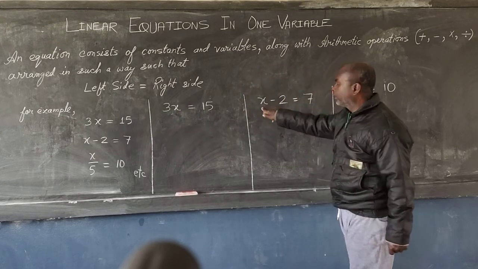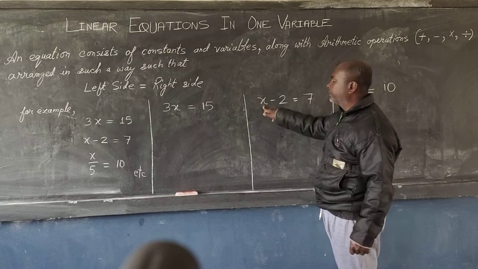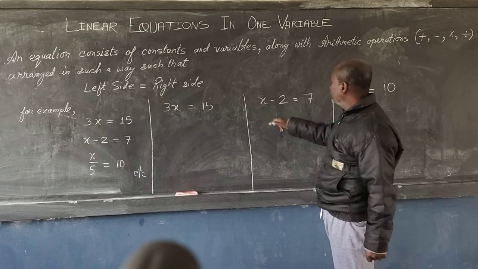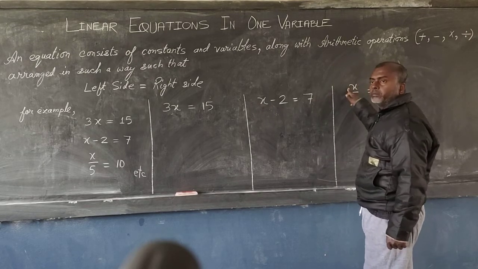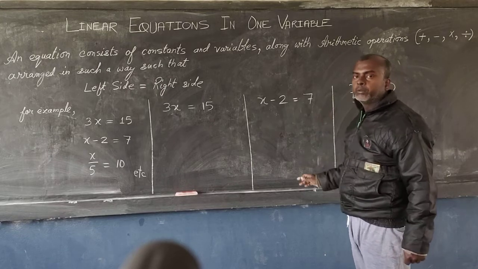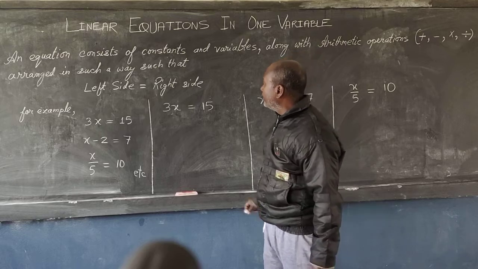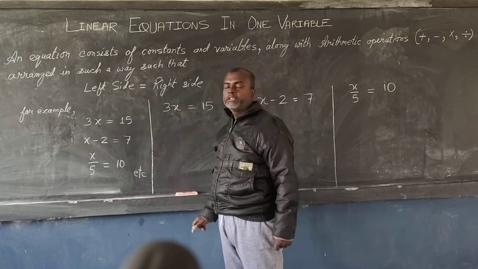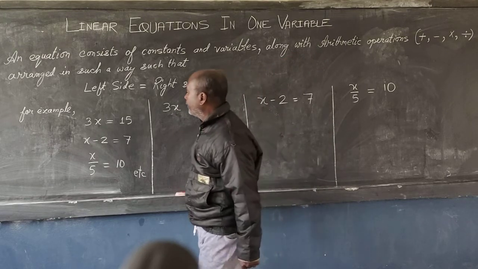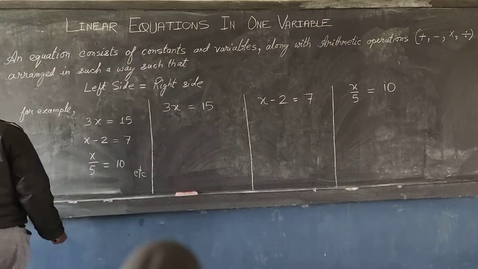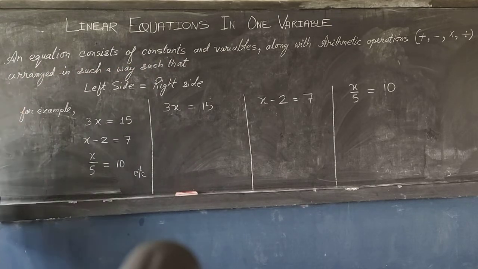See, in this equation also, how many variables? The whole equation has only one variable, x. Here also, the variable is x. There is no other variable y or z or a or b as such. So we are going to find the value of this x. And to find the value of this variable, there are two methods.